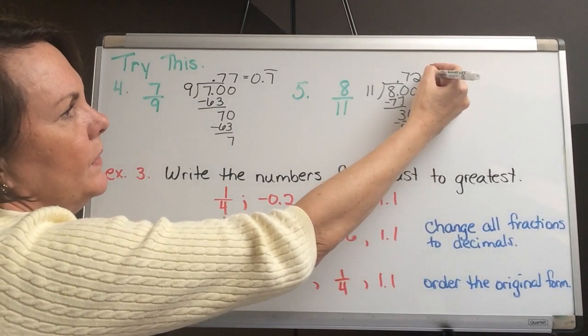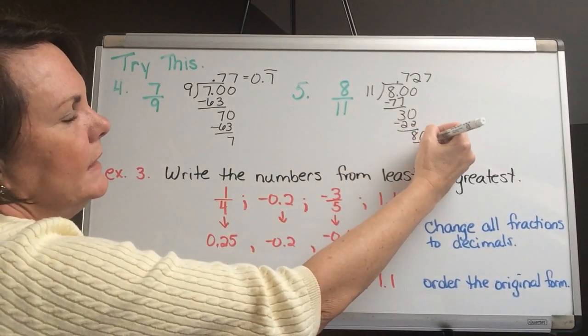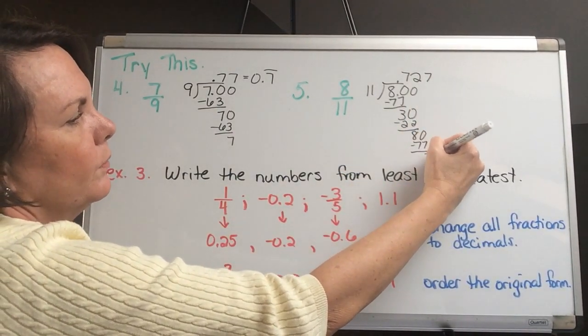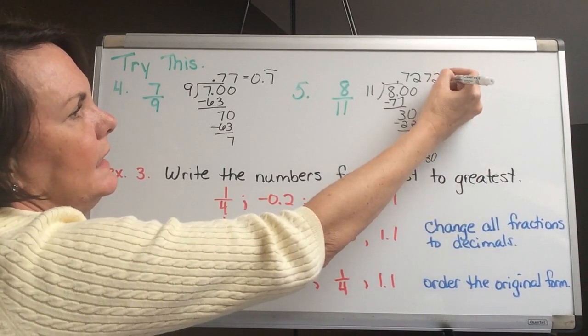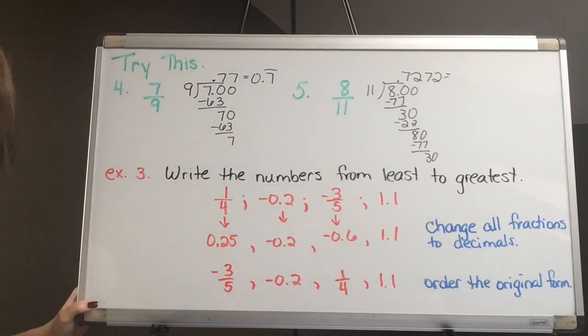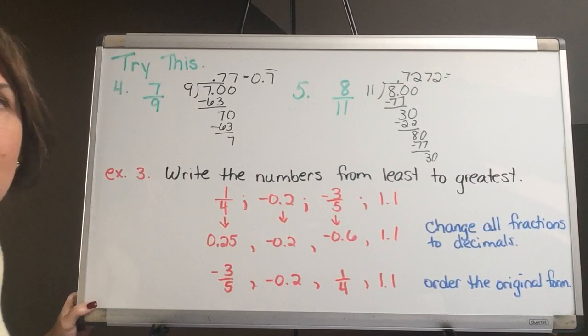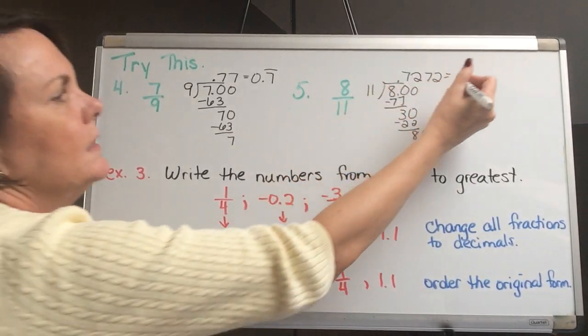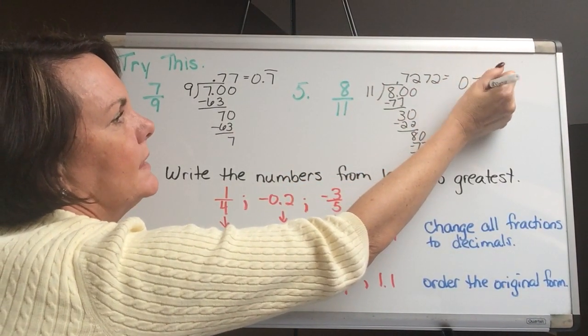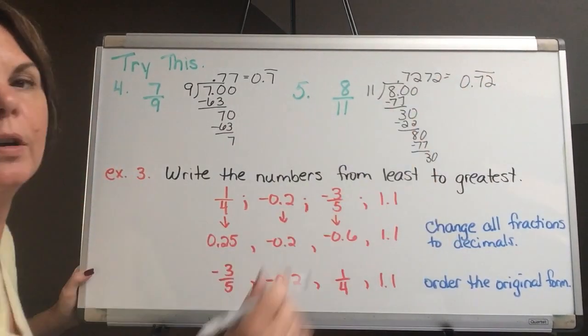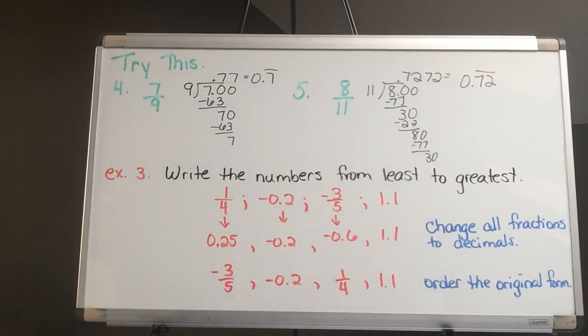Add a 0, 7, 77, 3, 0, and you can see now what has happened is we have 2 digits repeating. So this is being written as 0.72 and the bar notation on top.